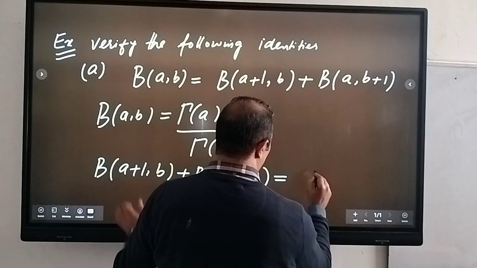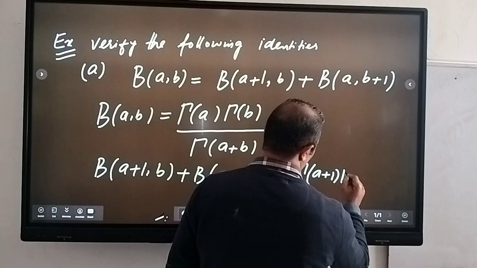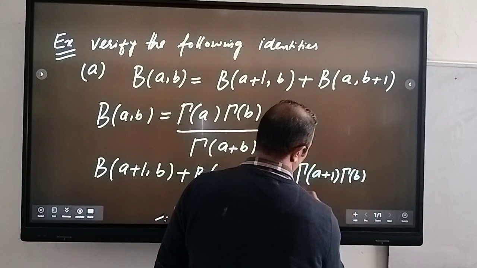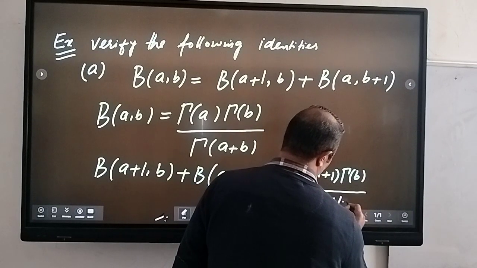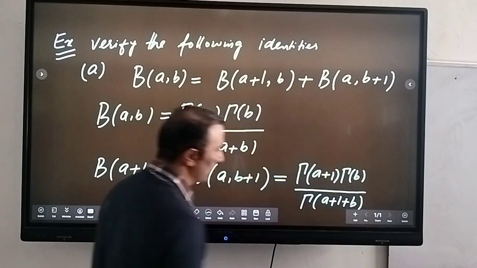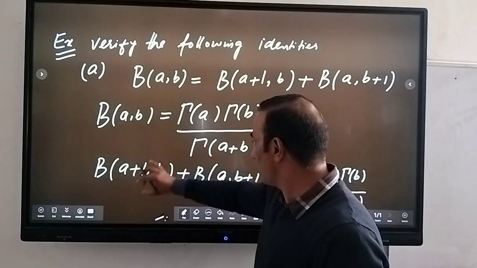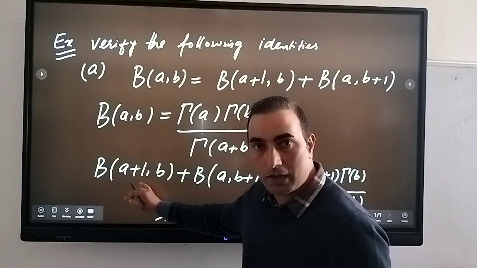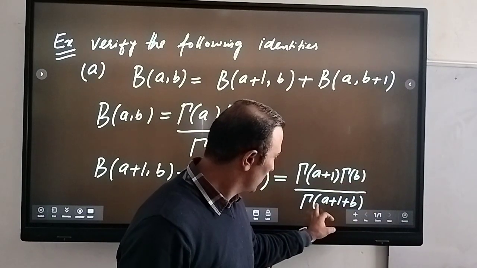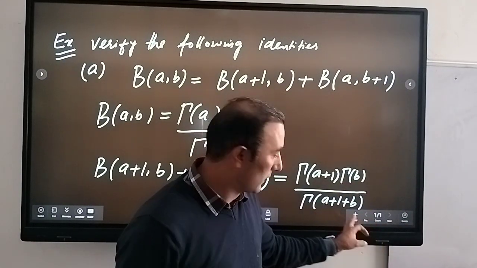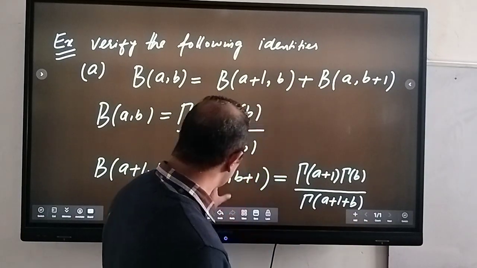This will be equal to gamma of a plus 1 gamma b divided by gamma of a plus 1 plus b, which we can write as gamma of a plus b plus 1, right? This was the first term.